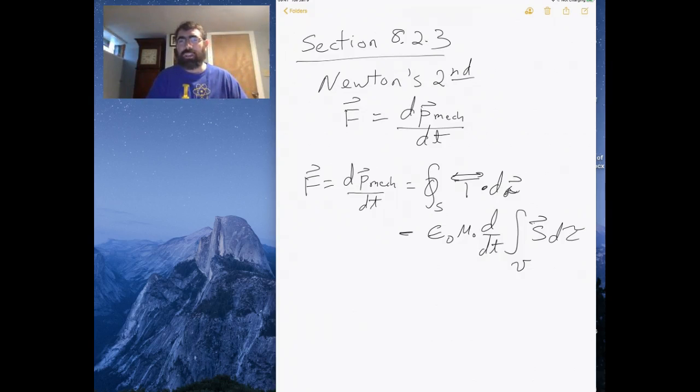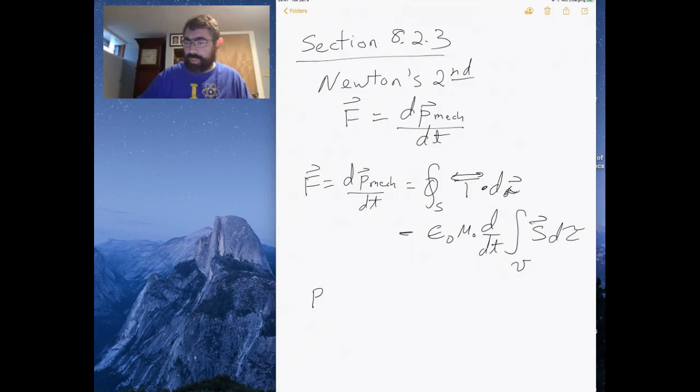So essentially I have two parts. I've got the part with the stress tensor in it, and I've got the part with the Poynting vector. So if we want to get the momentum, we essentially have to integrate both sides with respect to time.